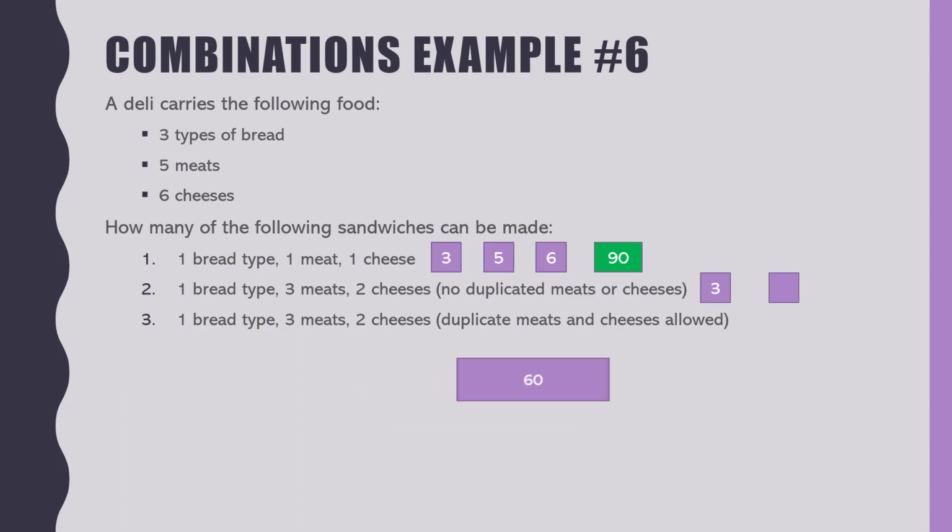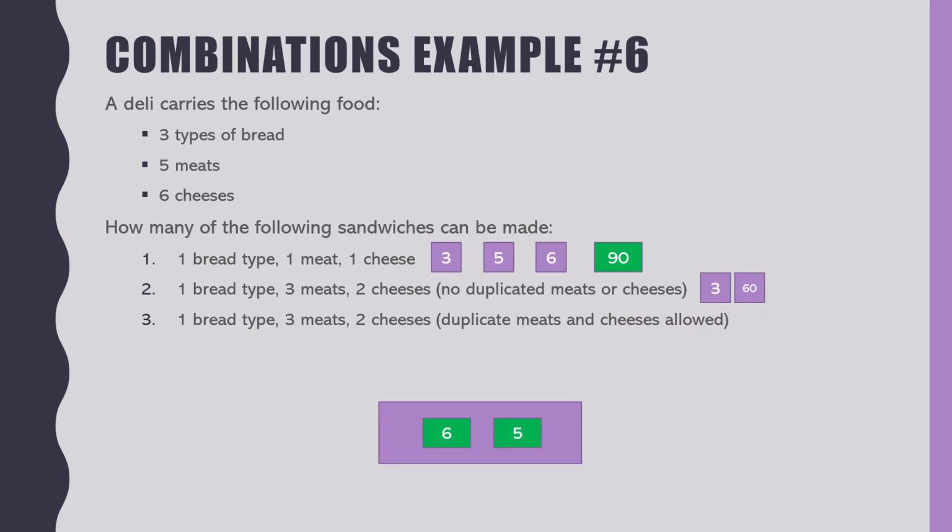That multiplied out to 60, and we did the same thing with the cheese, and we ended up with 30, okay? But there's an issue there. We have to divide out the duplicates. So that ends up being 5,400, except that counted bacon, ham, and turkey as a different sandwich from ham, bacon, and turkey, right?